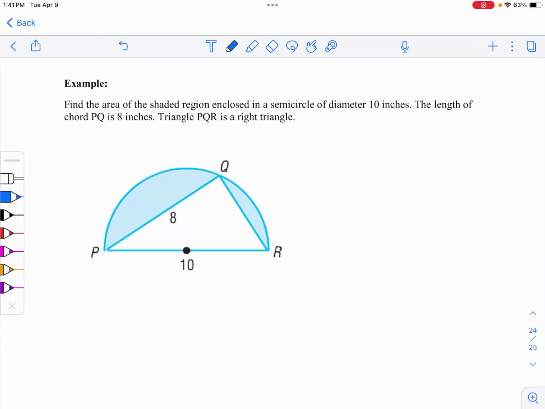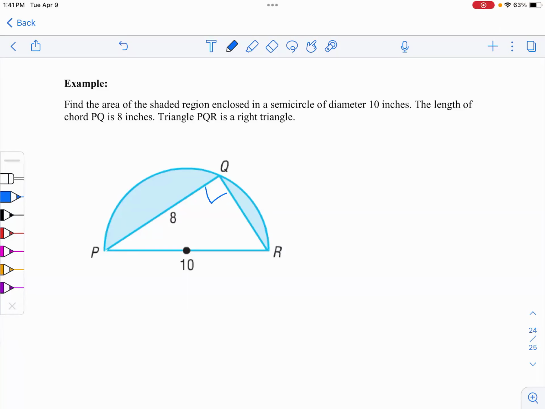And triangle PQR is a right triangle. Once I have that, I can start identifying information and see what we need to find. One big thing: if that's 8 and that's 10, does anyone know what that missing side is? How'd you do that so fast? What kind of triangle is this? Remember the names of all the triangles.